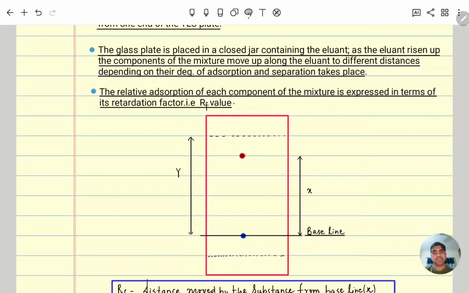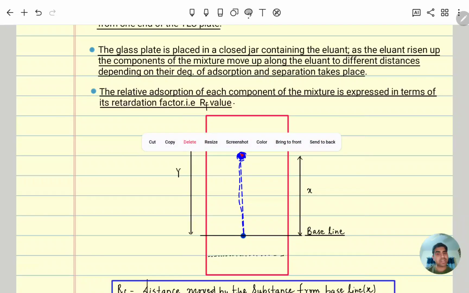The relative adsorption of each component of the mixture is expressed by the Rf value, which is very important. From this baseline, whatever distance is covered by the substance on this stationary phase is called the distance covered by the solute, or the distance covered by that organic compound, let's suppose x.